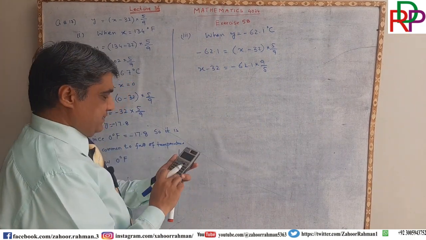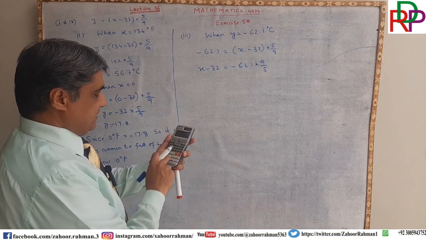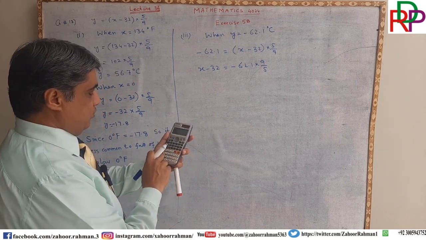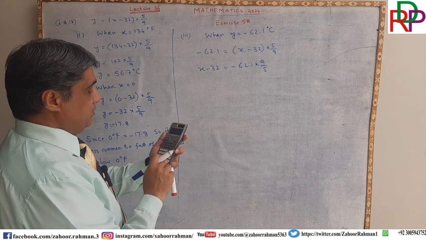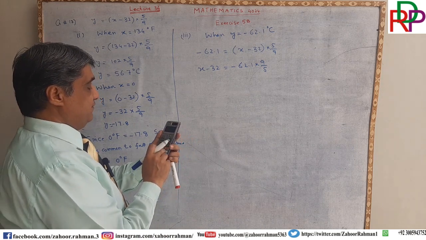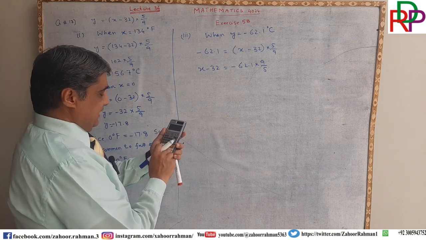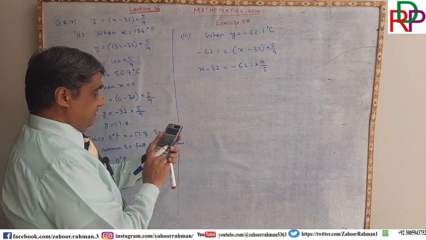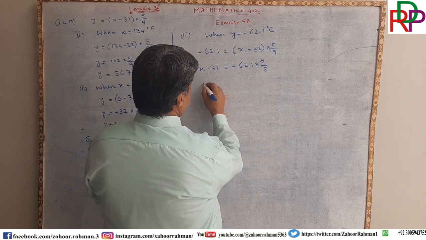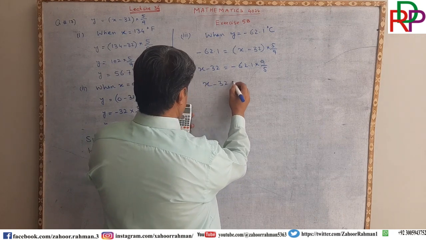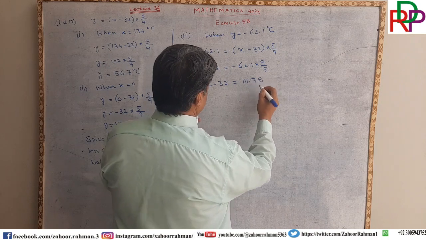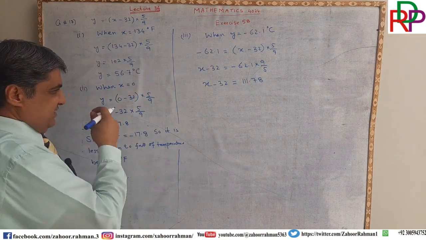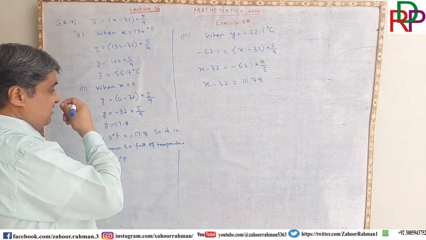Let us first evaluate this. 62.1 multiplied by 9 is equal to 558.9, and divide by 5. So it means that x minus 32 is equal to 111.78 Fahrenheit.